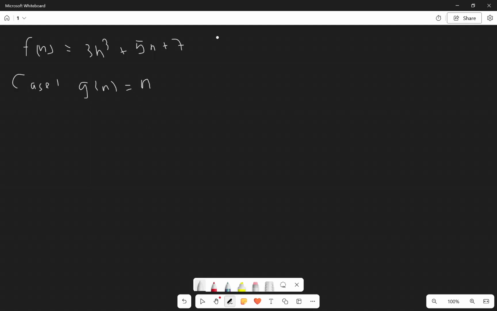For case 2, gn is equal to n to the power of 4.